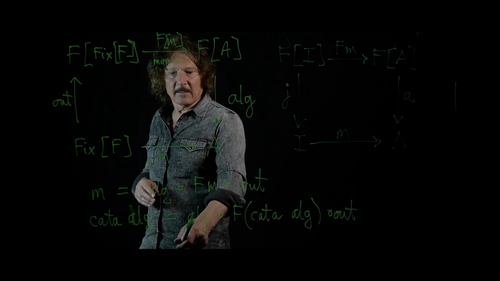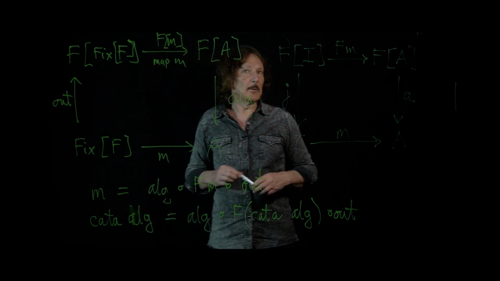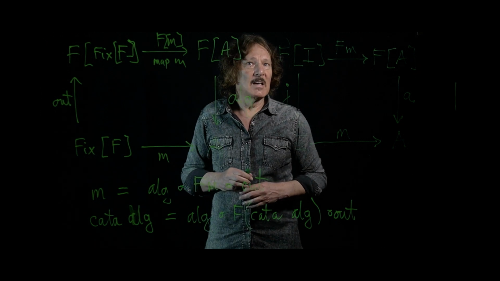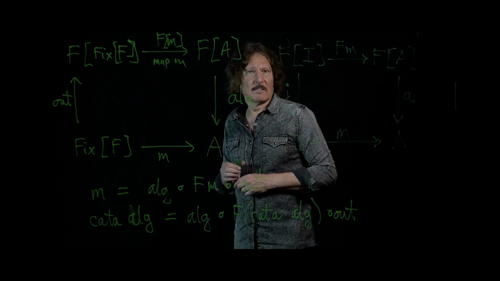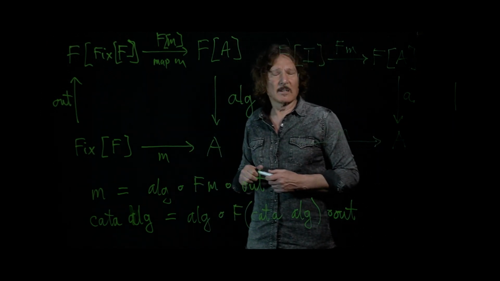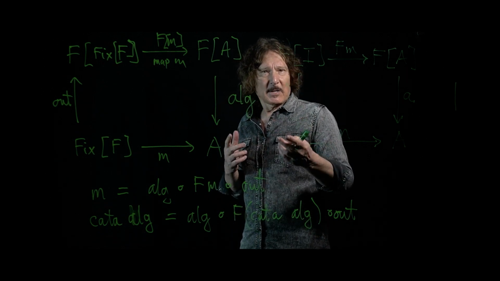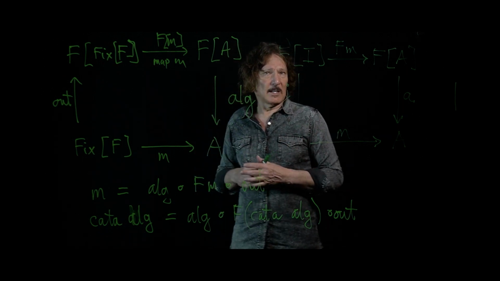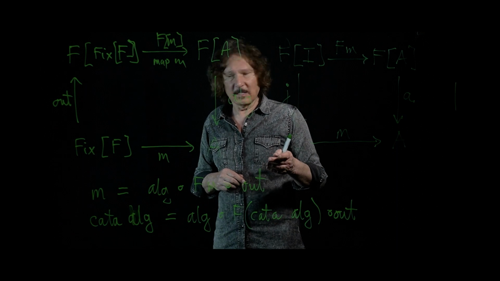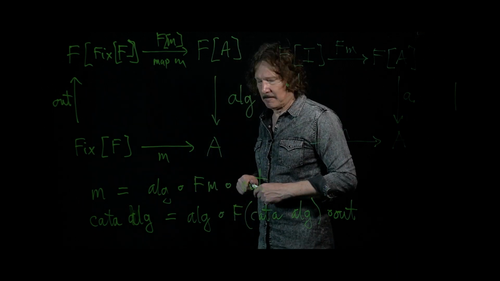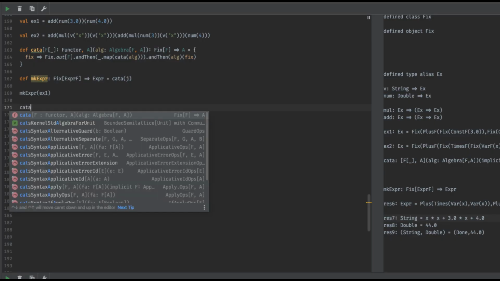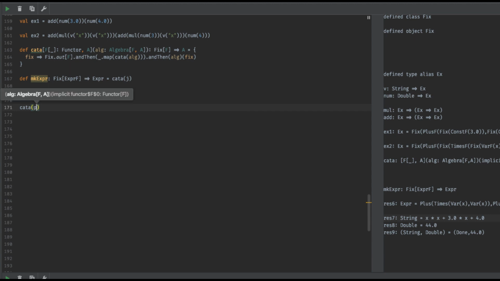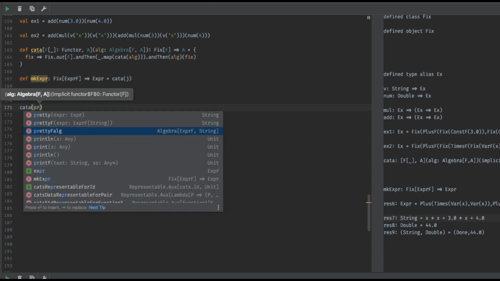So now we can rewrite the evaluators that we introduced earlier, and the algebras that we defined for these evaluators. We can write these evaluators as catamorphisms. How do we evaluate our expressions? We could apply kata to our pretty algebra.